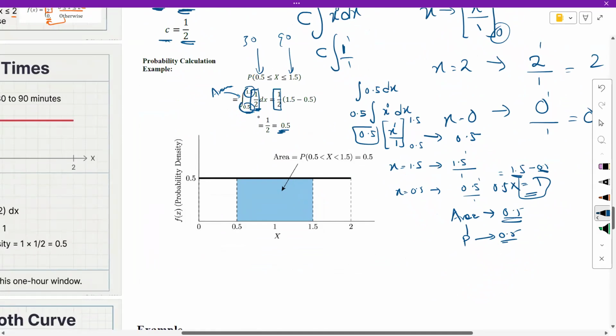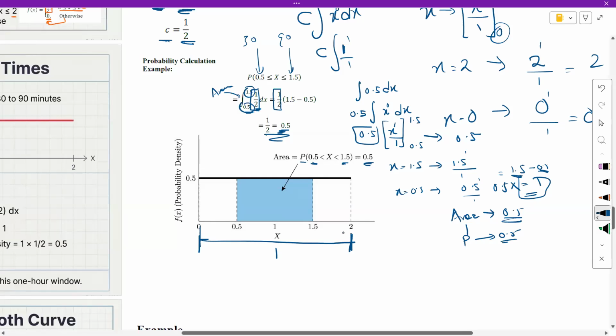This means the area between 0.5 to 1.5 is 0.5. We already know the area between 0 to 2 is 1. This means a customer waits 0 hours minimum, maximum 2 hours.